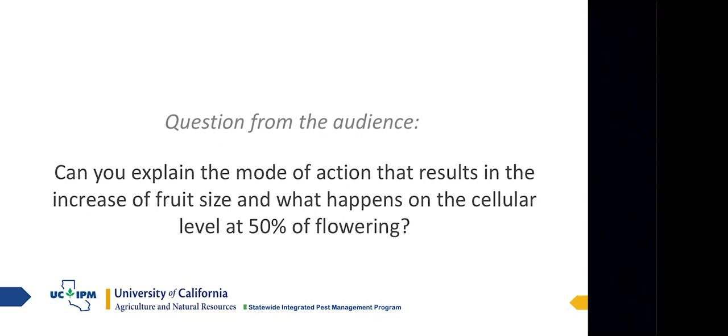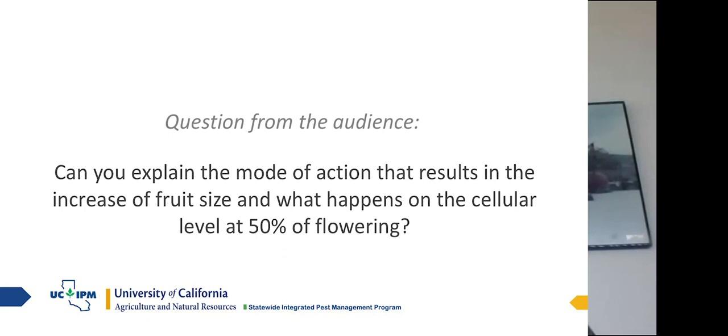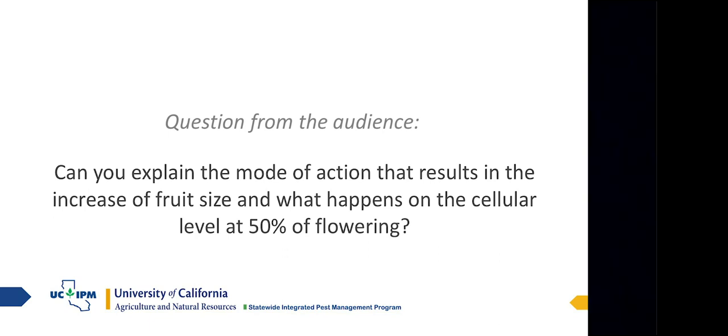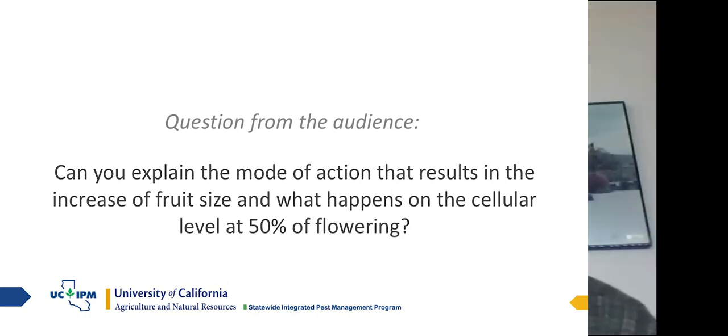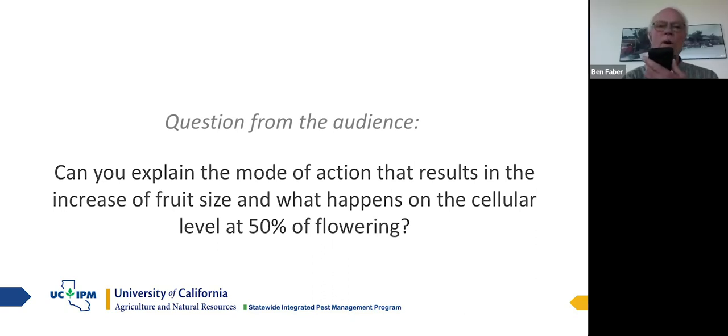Can you explain the mode of action that results in the increase in fruit size and what happens on a cellular level after the application at 50% flowering? No. I was trying to emphasize that we really don't know how this hormone works. We know that it does work, but remember, GA3 has multiple effects.